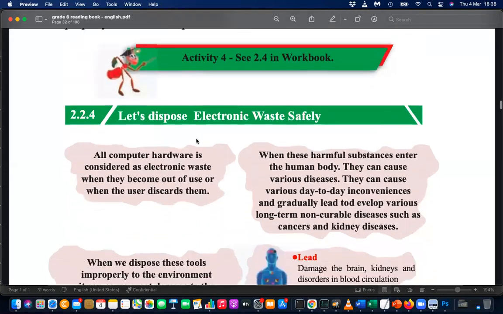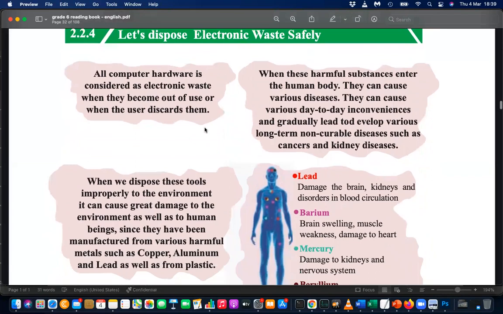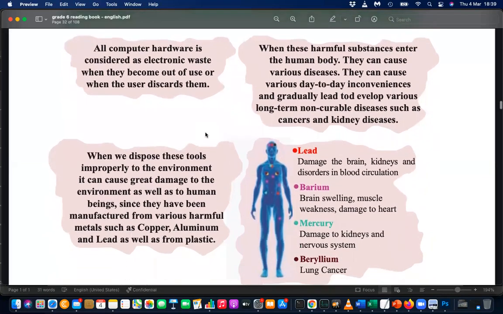Electronic wastage means not only computer hardware, but also TV, radio, everything belongs to electronic wastages when those become unusable. When those are unusable, those are categorized under electronic wastage. So how to remove those?